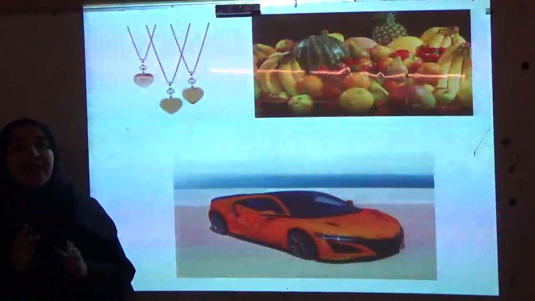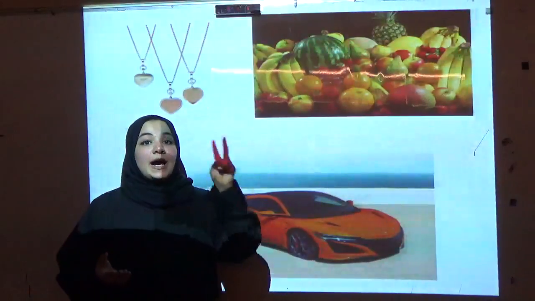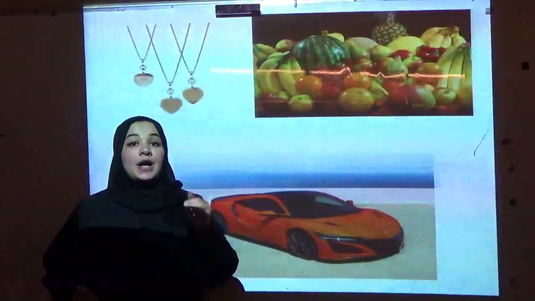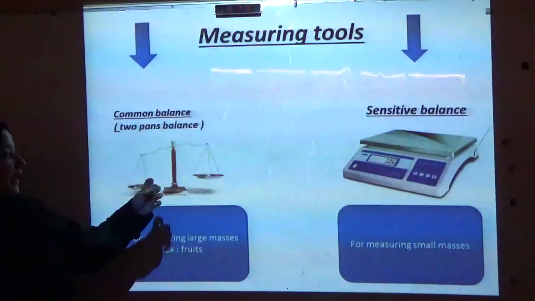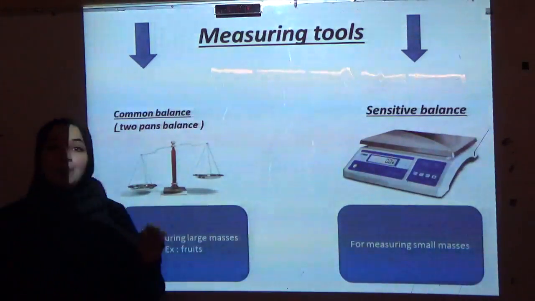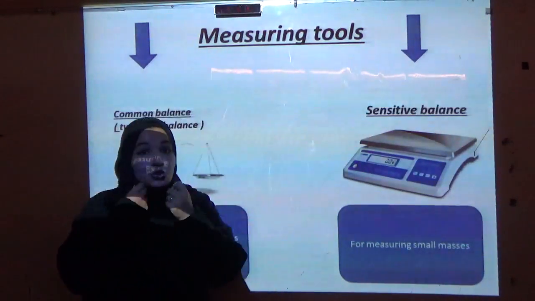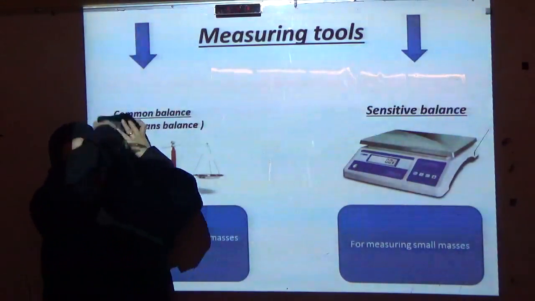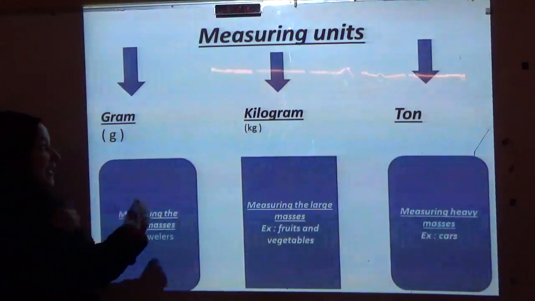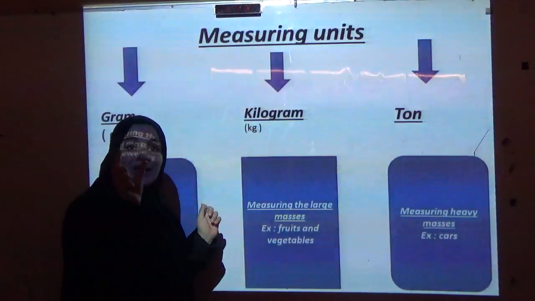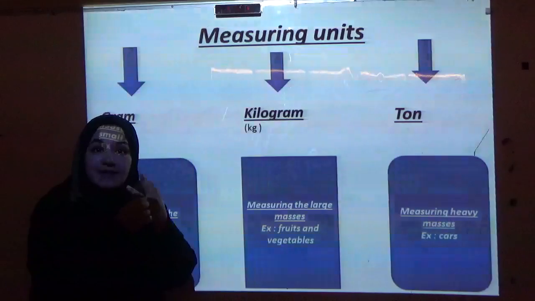So I will repeat again. For measuring the mass of an object, I have two main tools. Number one, the common balance, which is this picture, is used for measuring large masses, and the sensitive balance is used for measuring small masses. And I have measuring units. We said that grams are used for measuring small masses, for example, the jewelries.